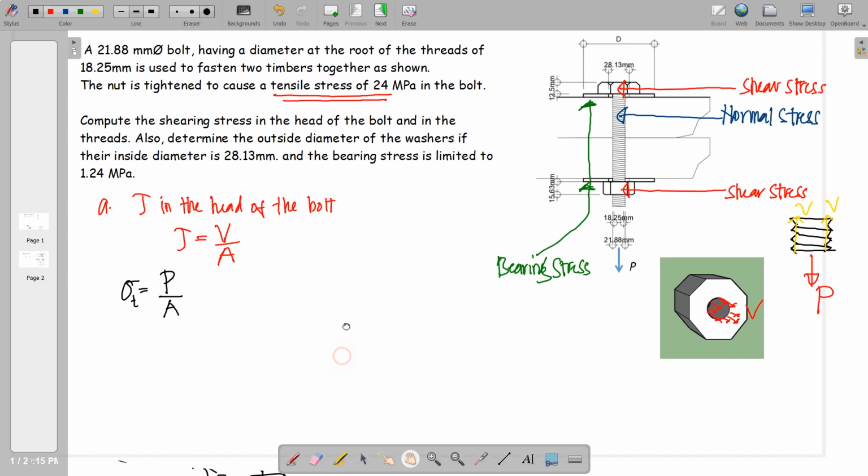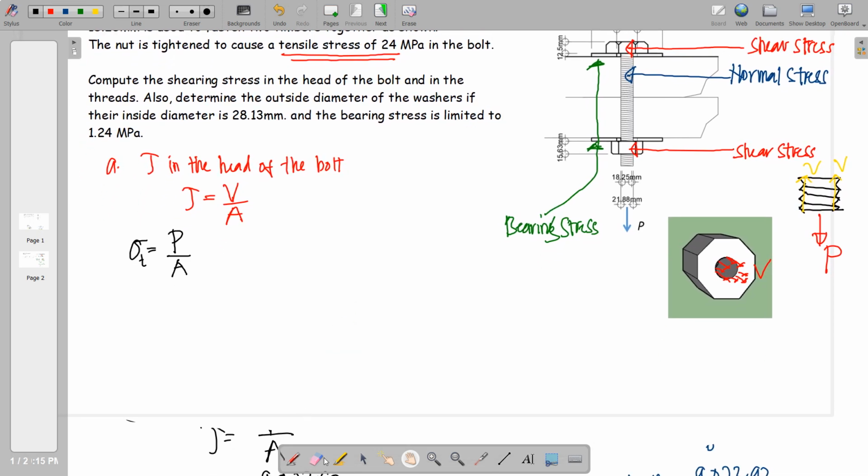By using this, we have 24 megapascals equal to the unknown P over the area, of course, we'll just use the cross-sectional area of this bolt shaft, and it has a diameter of 21.88 millimeters.